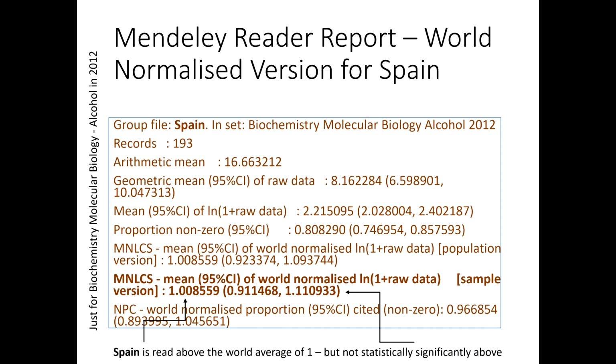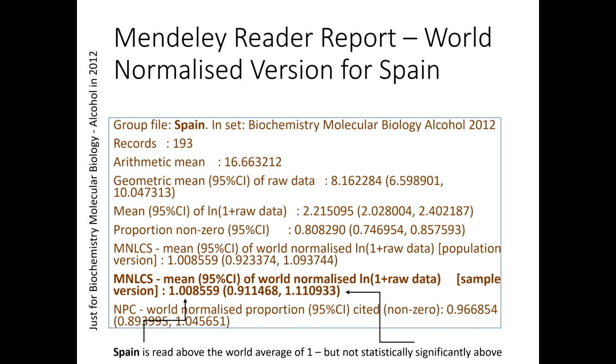Here's an example of the results from the file. Highlighted here, you can see the MNLCS value for 1 set. This is Biochemistry, Molecular Biology, 2012, and these are for the Mendeley reader counts.